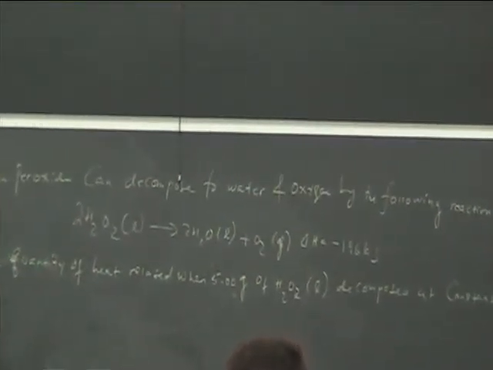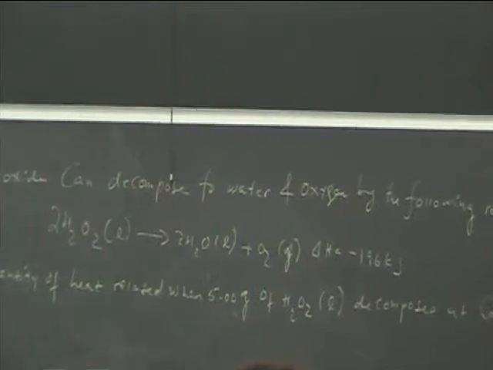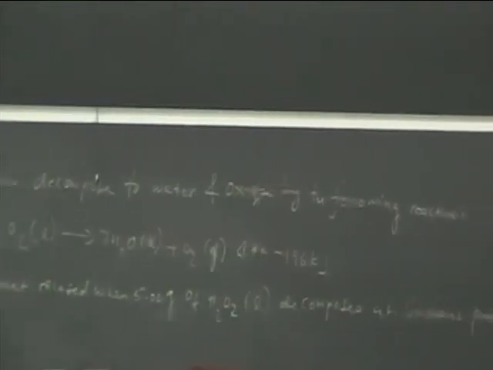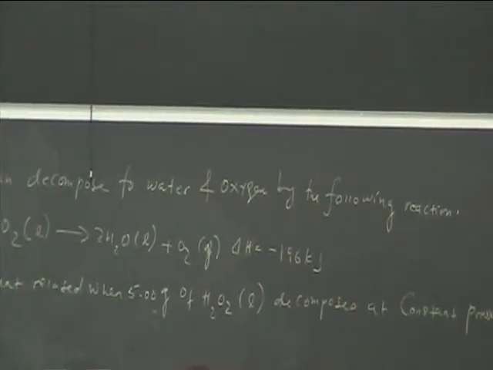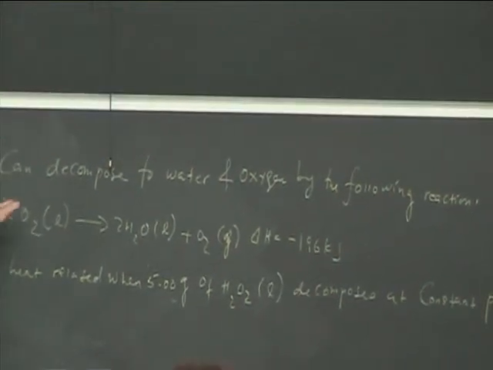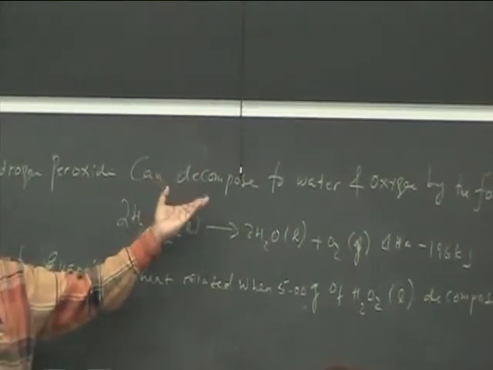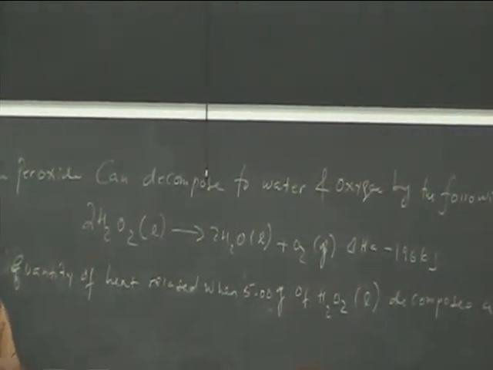Now, you need to calculate the quantity of heat released if 5 grams of hydrogen peroxide decomposed in the same way, but at constant pressure. Whenever you hear constant pressure, we're discussing enthalpy, right? Now, how do we solve this problem?